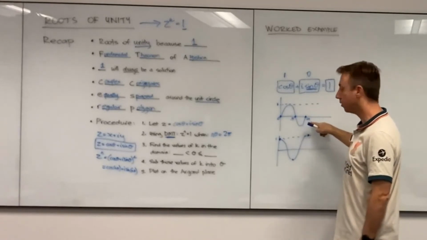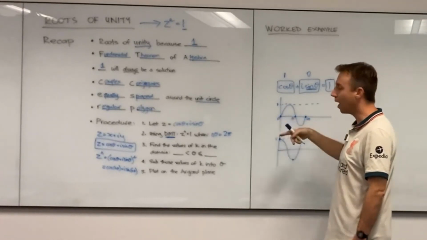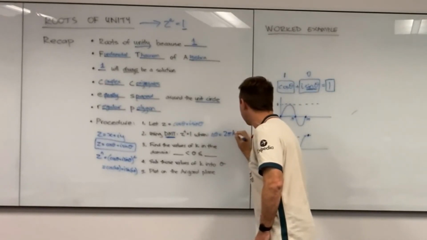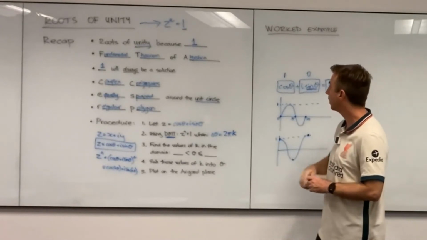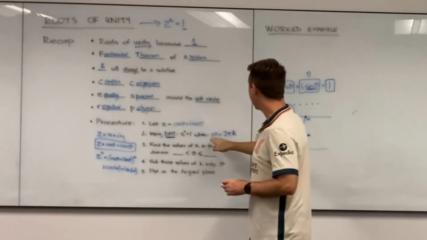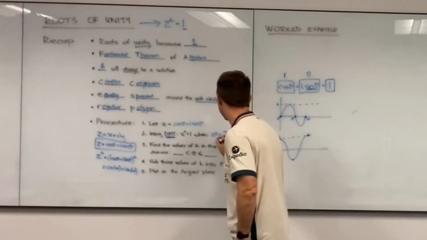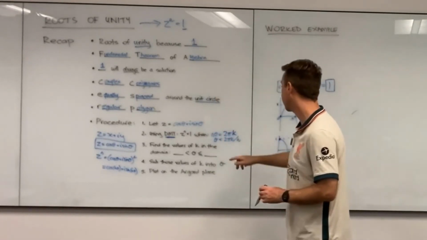Yeah, any multiple of 2 pi, noting that 0 is also a multiple of 2 pi. And the way we reflected that is we put a k here, and we said k is basically any integer. So we know that we're going to get what we want when n theta is 2 pi k, and then we did the simple rearrangement to say that means theta will be 2 pi k all divided by n. That's step 1.